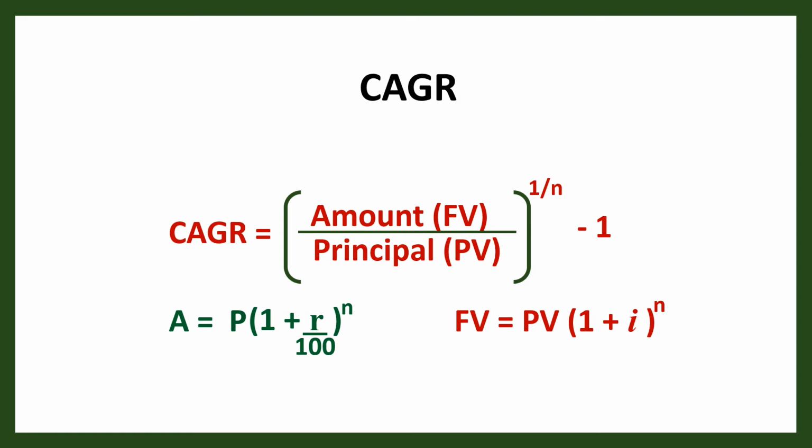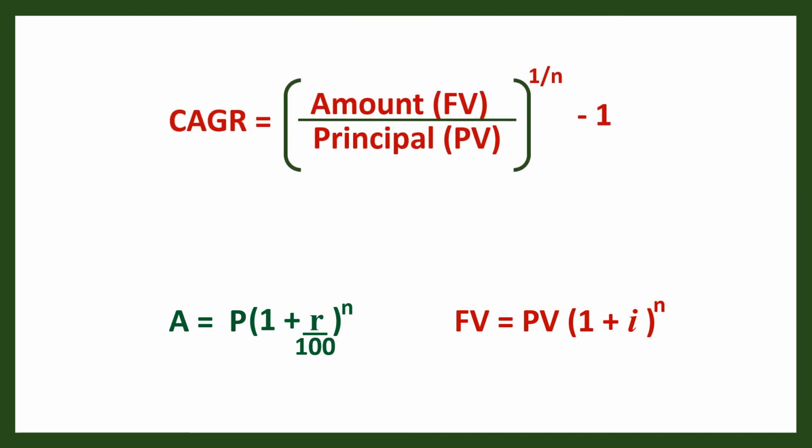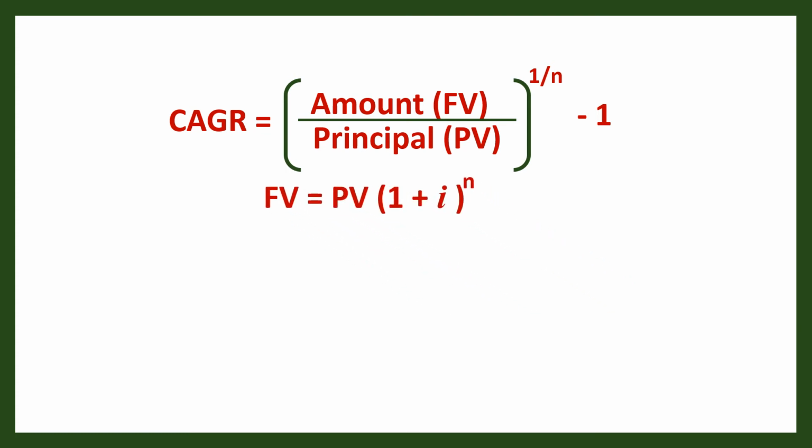Now let us check the formula to find future value and try to find out how to find the CAGR formula from this formula. Thus, we are considering the future value formula to obtain the CAGR formula.